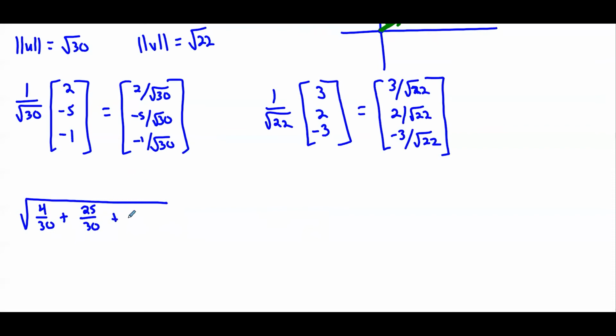And here I get 1 over 30. If I add those together, I get the square root of 30 over 30, which is the square root of 1. So we get 1. So that you can see how that works there, right? If you divide by the magnitude times the vector, it's going to scale it down so that the length becomes 1.